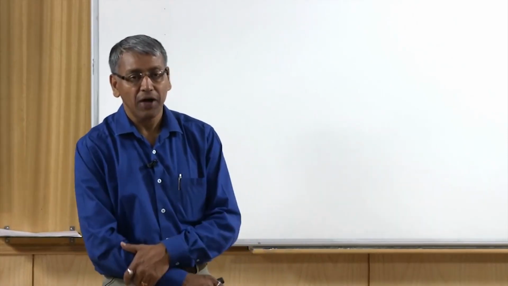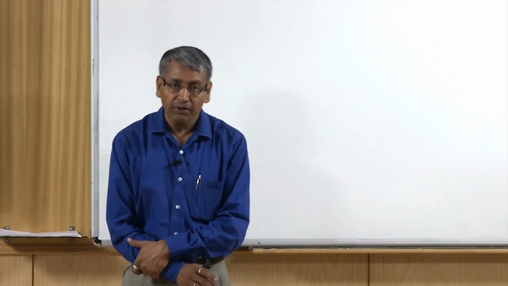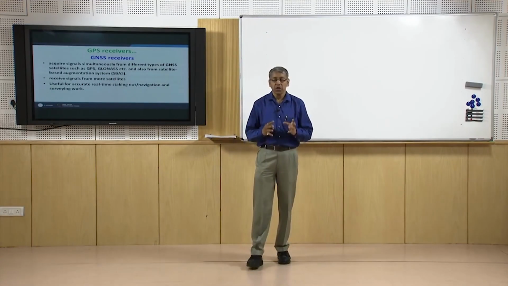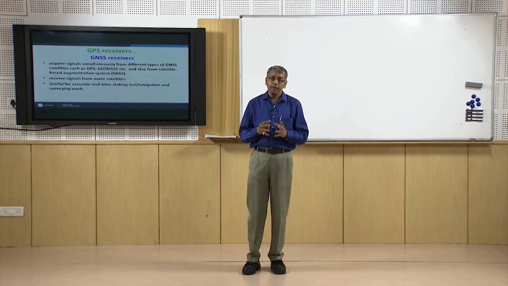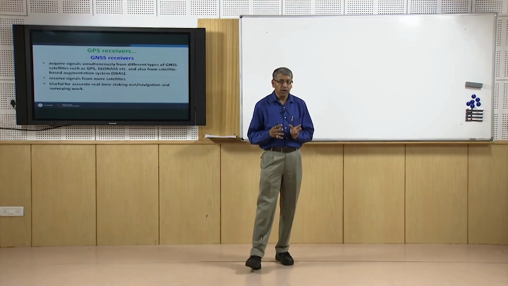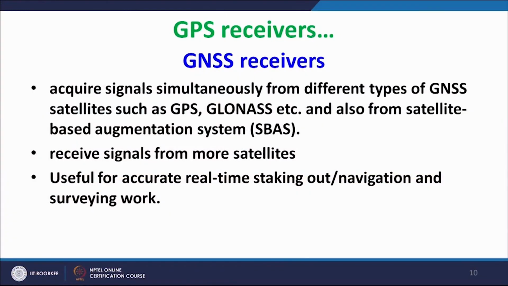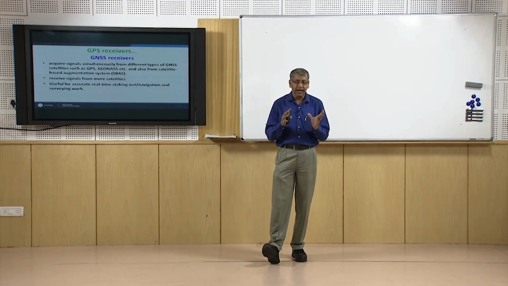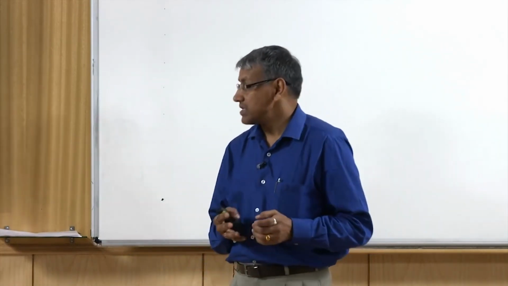Another type of GPS receiver, now widely prevalent, is called the GNSS receiver. This type of receiver receives signals not only from GPS satellites but also from other radio navigation systems like GLONASS, Galileo, BeiDou, etc. Now this type of receiver may receive signals from any combination, like GPS and GLONASS, or GPS and BeiDou, or some other combinations.